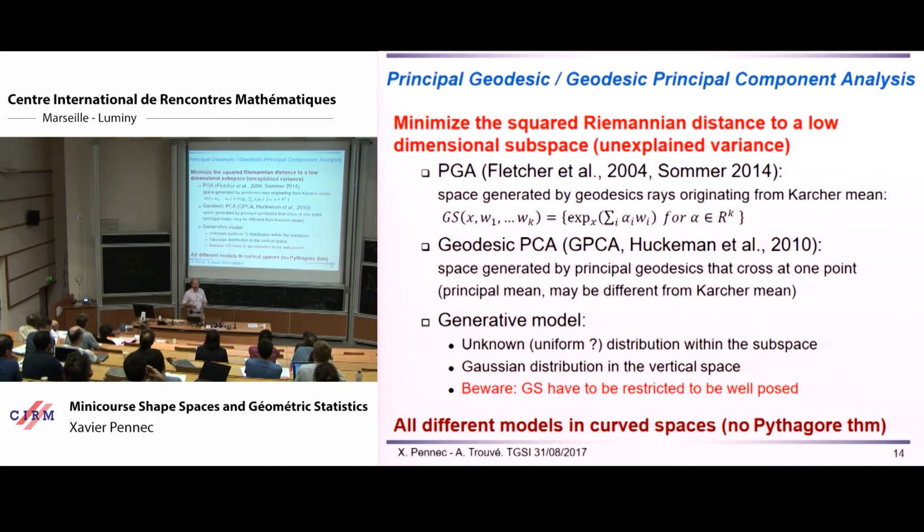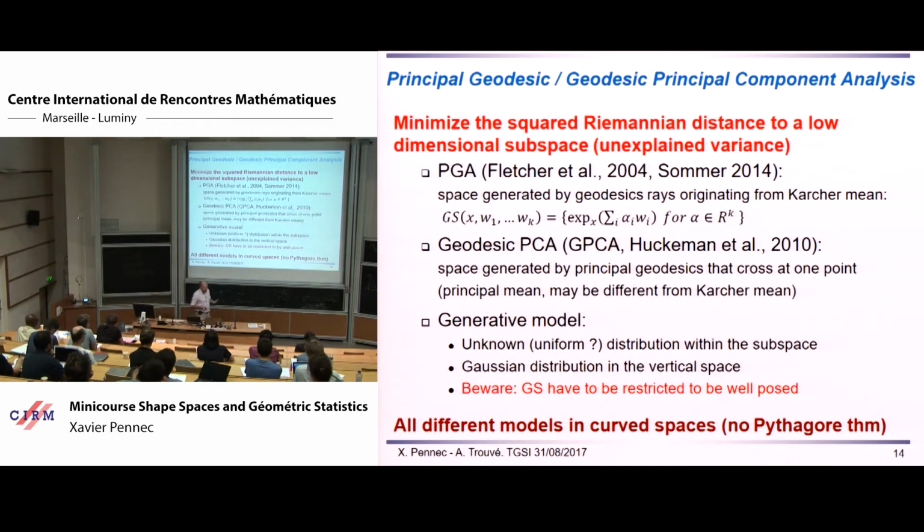So the type of subspaces that was considered is you take a point and tangent vectors, and that is generating, with geodesics, some kind of subspace, which is totally geodesic at this point, but which can be non-well behaved when you go a bit farther away. And then you try to minimize the projection error.